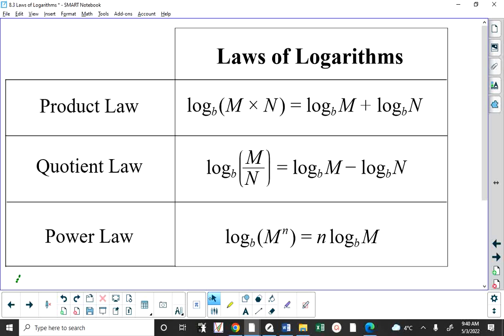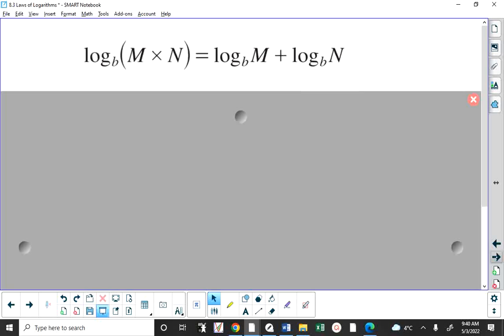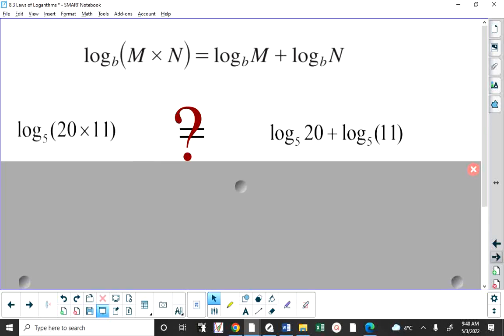So if I'm taking the logarithm of a product of two things, instead of multiplying those two things together and then taking the logarithm of the product, what I can do is take the logarithm of each of them and add those two logarithms together. Now, this is not intended to be a definitive proof, but what I'm telling you apparently is that log base 5 of 20 times 11 should be equal to log base 5 of 20 plus log base 5 of 11.